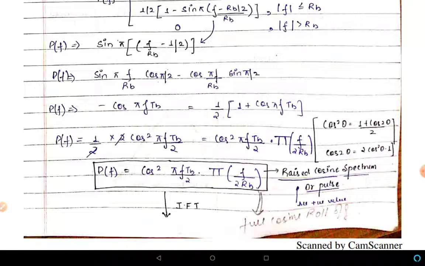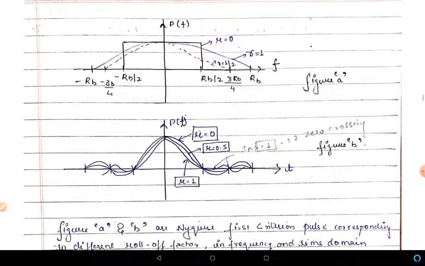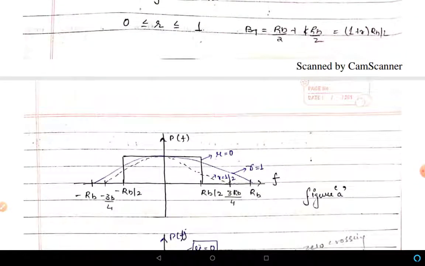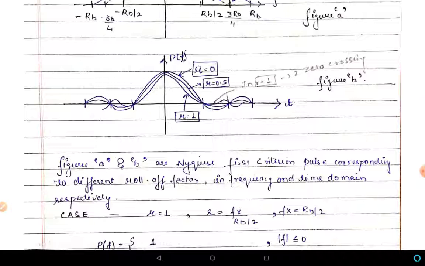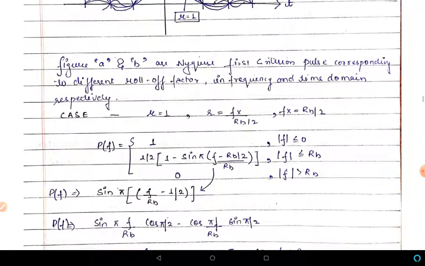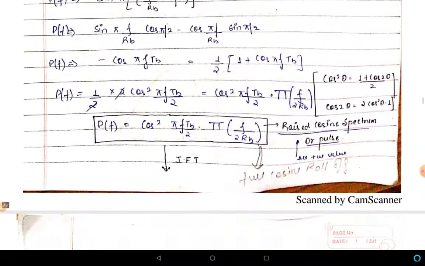In the practical solution, we suggested a pulse with different roll-off, that is a pulse with P(f) extending more than RB by 2, and in that case I came across a time domain pulse like this, as shown here, and for R equals 1 we got a raised cosine spectrum. So this way ISI can be reduced.